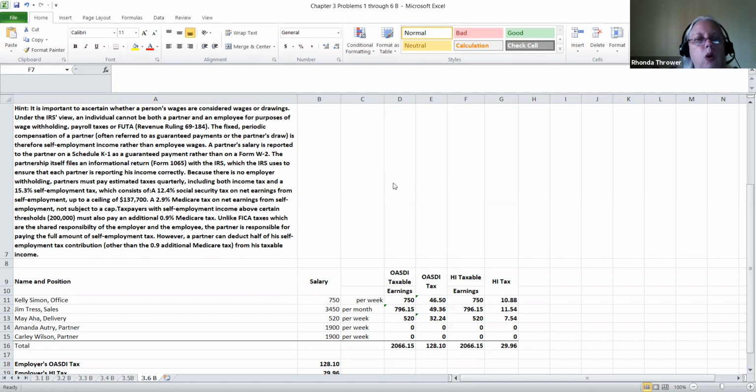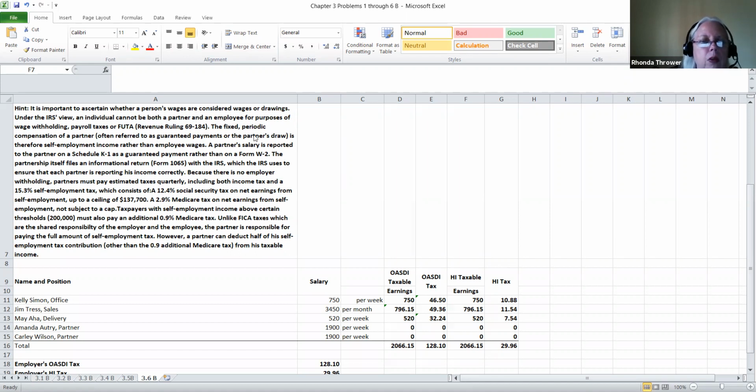What will happen is you have to understand what the law says. And the law says that an individual cannot be both a partner and an employee for purposes of wage withholding, for payroll taxes, or FUTA.